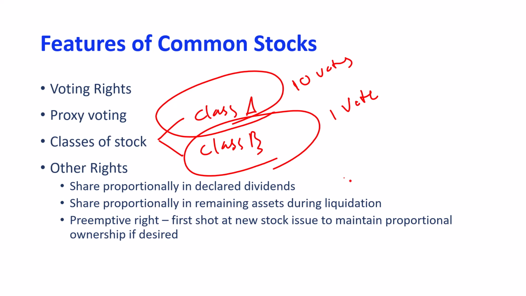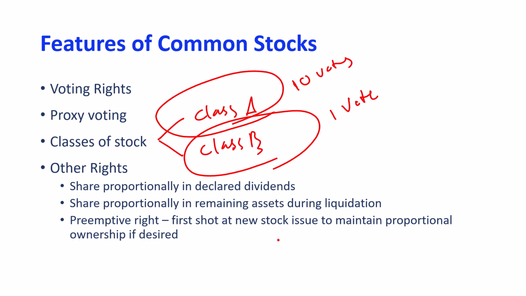So if the company goes bankrupt, whatever residual amount is left after paying off all the creditors, you're going to share that proportionally. Preemptive rights: usually the current shareholders of the firm have the first shot at the new stock issuance to maintain proportional ownership if they want.